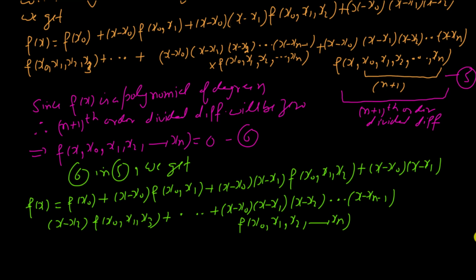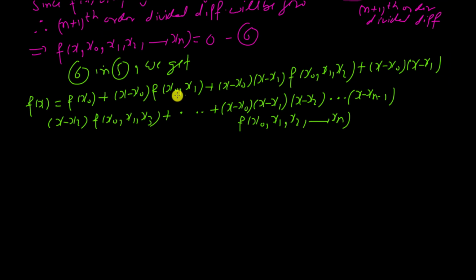So in different notation, we know this is the first order divided difference, so this can be written as f of x naught, x1 times x minus x naught.